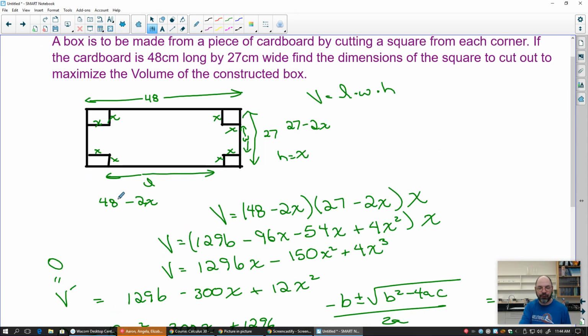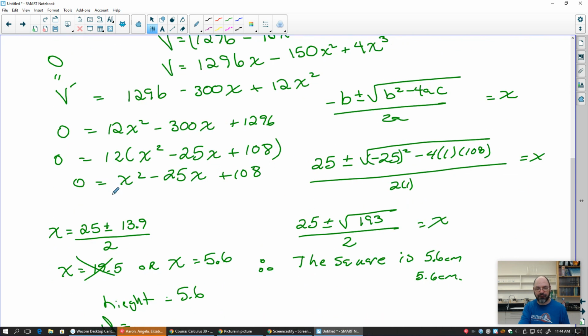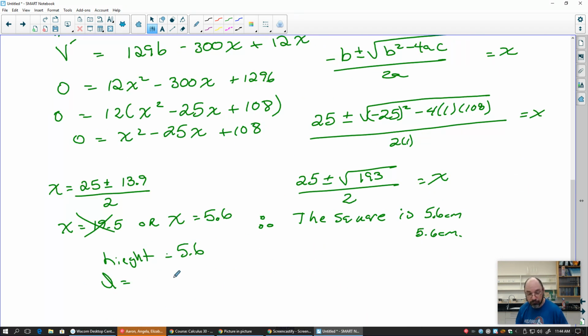Okay, so if we go back up to the top here, the length was 48 minus 2 times 5.6. And the width was 27 minus 2 times 5.6. So if we do that, 5.6 times 2 is 11.2.